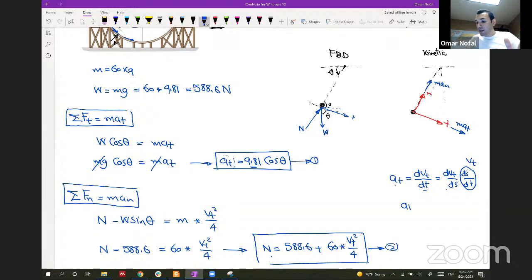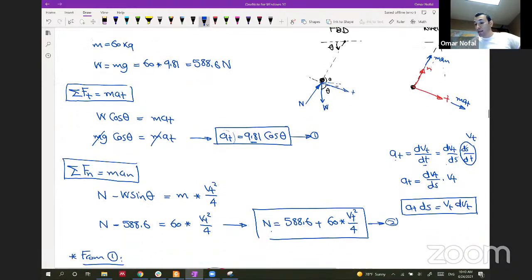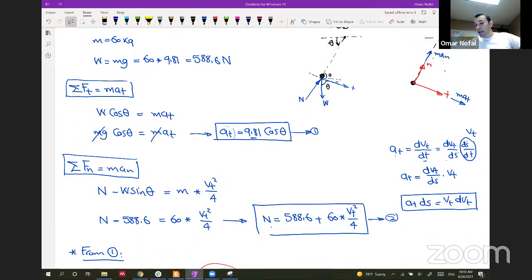So a tangent is equal to dvt ds multiplied by vt. This is one of the equations we learned in the kinematics of particles: the acceleration multiplied by ds is equal to vt dvt.